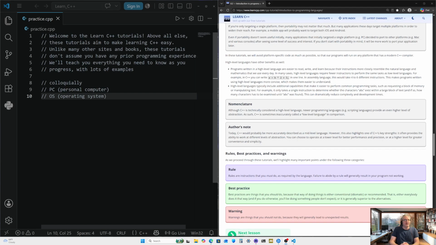For example, it only takes a single instruction to determine whether the characters ABC exist within a large block of text, and if so, how many characters had to be examined until ABC was found. I'm not sure if I'm reading that right, but this can dramatically reduce complexity and development times.